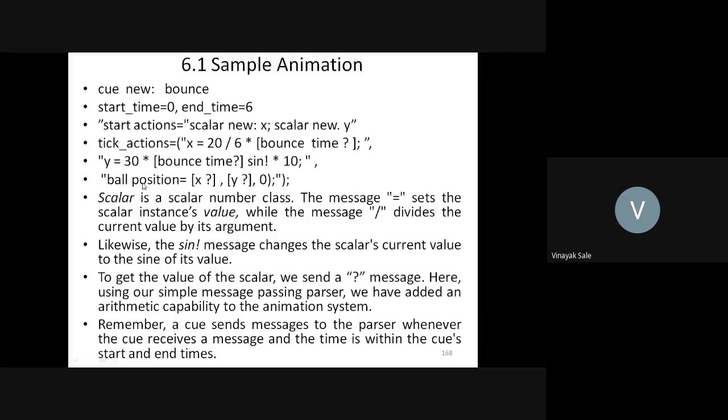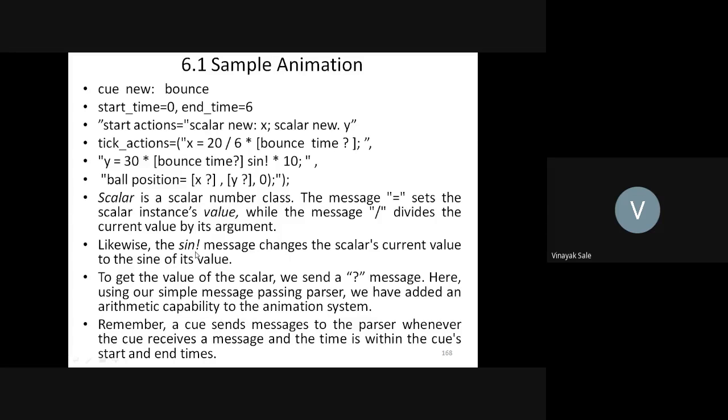So ball position at x new x and new y and 0 z-axis. So scalar is a scalar number class. This message equal to sets the scalar instance value, while the message divided by divides the current value by its argument.